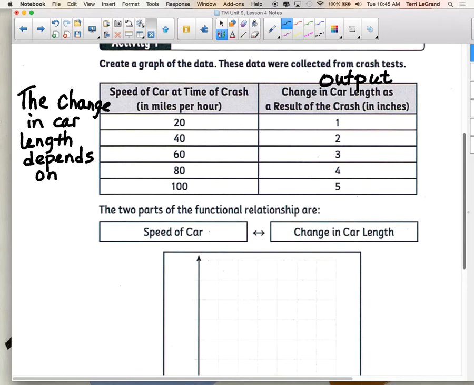So the change in car length depends on, it is the result of, what again? What's our input? What's in charge here? What's in control? What's making things happen? Sam? Yeah, it depends on the speed of the car.